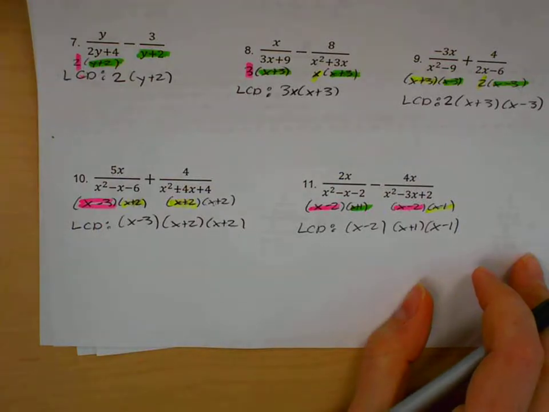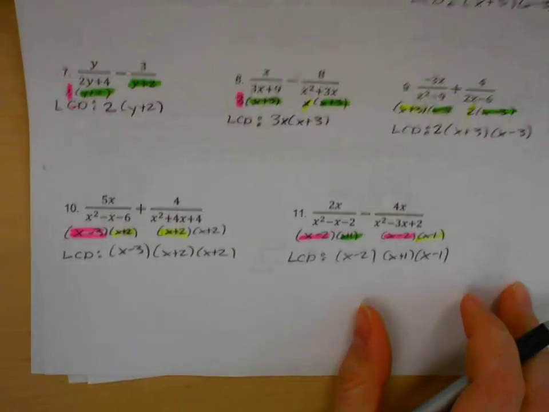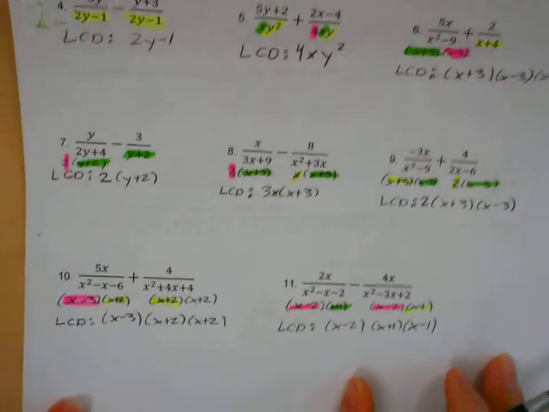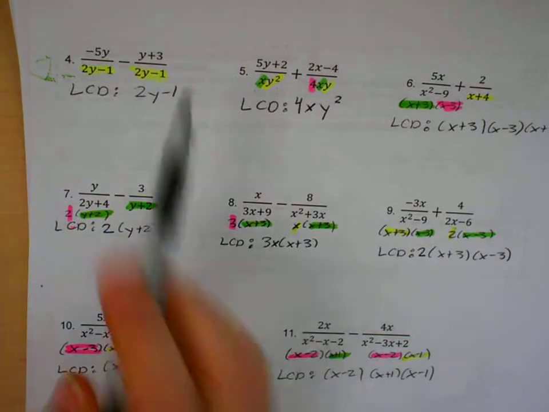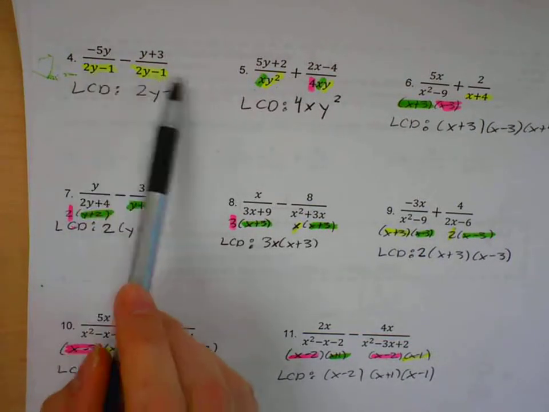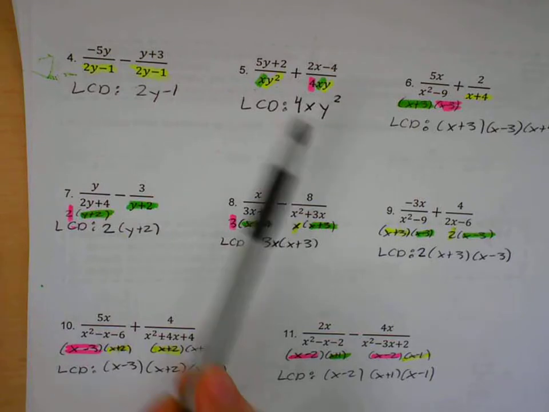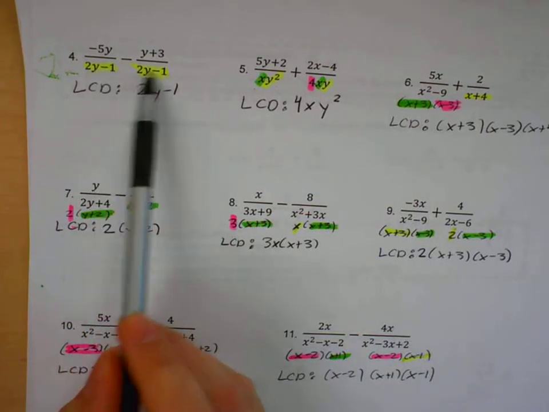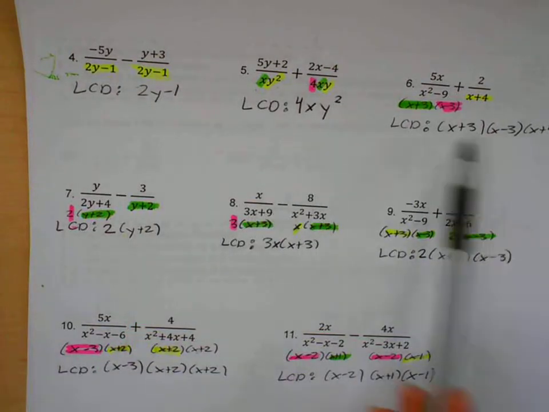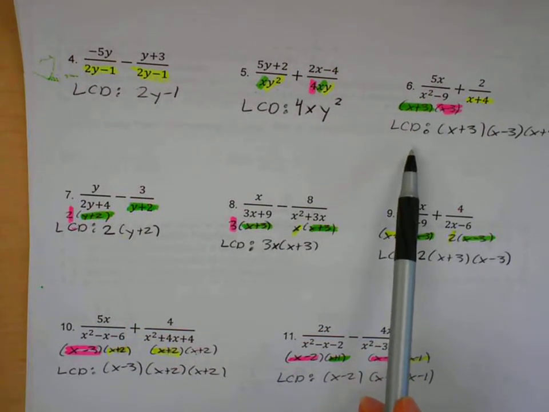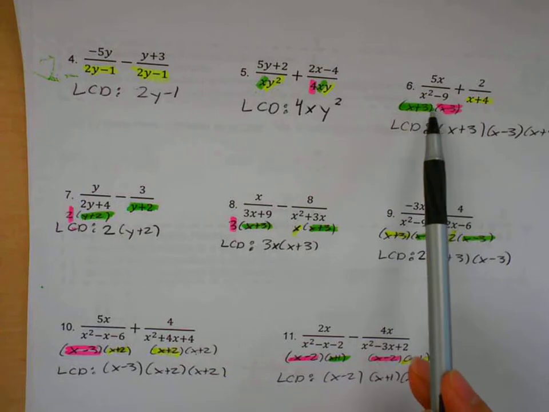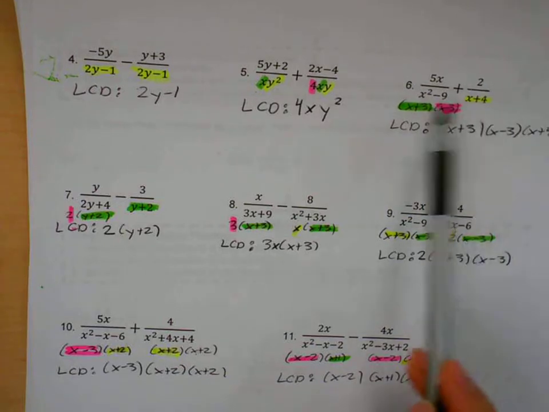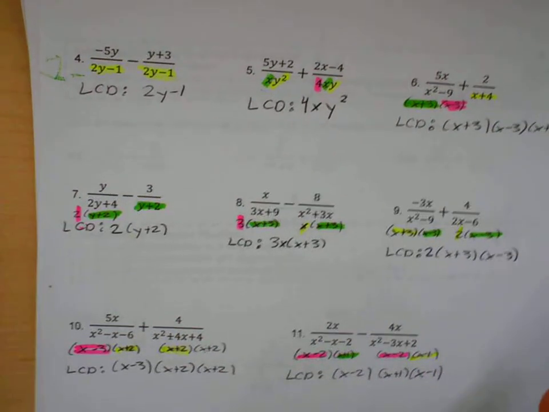So there's my least common denominator. So that's how to find the least common denominators on these problems. So again, reminder, if you already have a common denominator, you're not going to do anything to change that. You're going to use 2y minus 1 as your common denominator. They both have the same thing. When you're finding your least common denominator, make sure you have everything from both, unless it repeats in a pair.